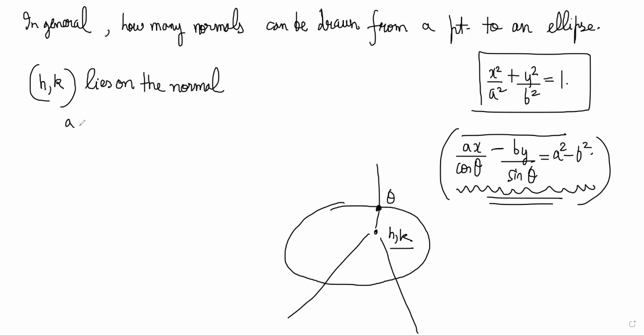Therefore, you have ah by cos theta minus bk by sin theta is equal to a square minus b square, and this a square minus b square can be written as a square e square.